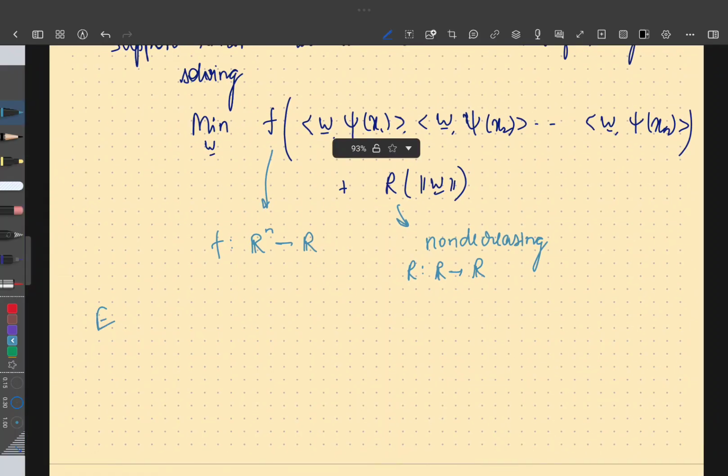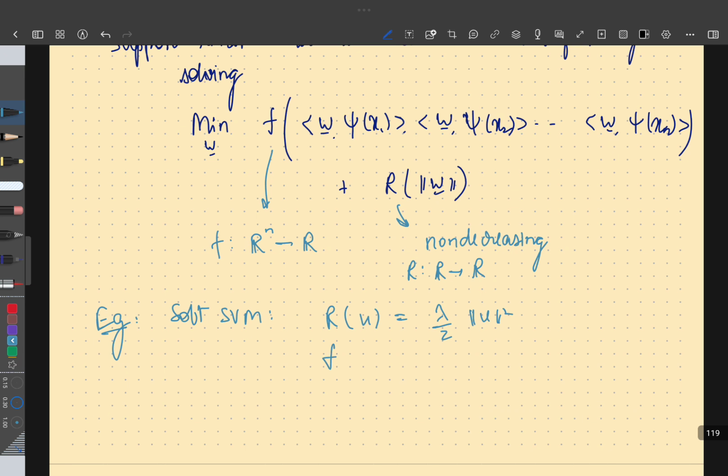Okay, so just as a sanity check, for the soft SVM algorithm, what is R of u? It is lambda by 2 times u squared. And what is f?